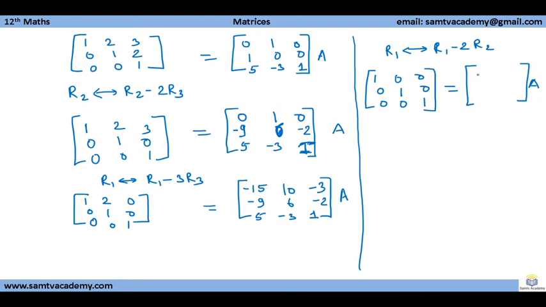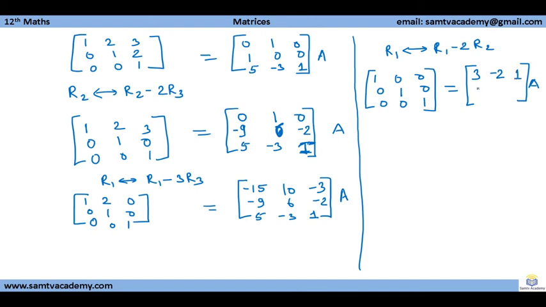What we have done is R1 minus 2 R2, so a similar operation we will perform on this side. So minus 15 plus 18 will become 3, 6. Now 10 minus 12 is minus 2. Minus 3 plus 4 is 1.